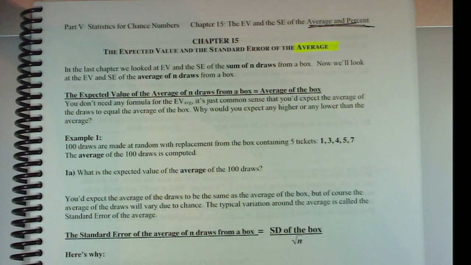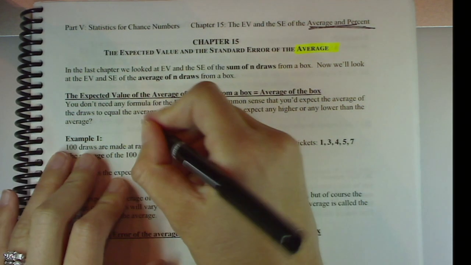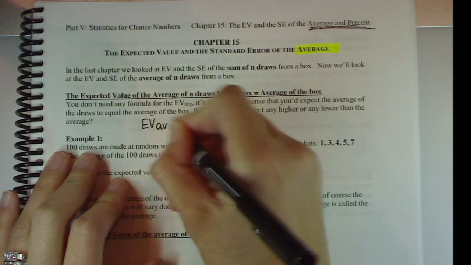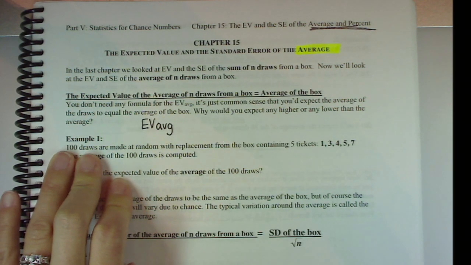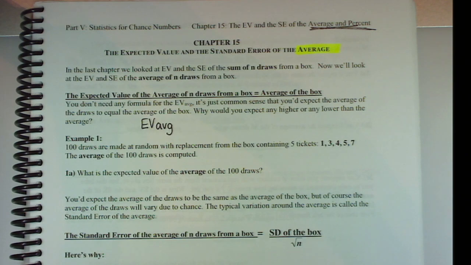And the nice thing is, the expected value of the average is really saying, if I draw a bunch of tickets out of a box, what do I expect the average to be? And so the formula isn't really a formula. It says you don't need a formula. Now if I'm dealing with averages, because sure, sometimes you want the sum, like if you're adding up how much money you win when you're gambling, it makes sense. You want to know what's the sum of your profit.